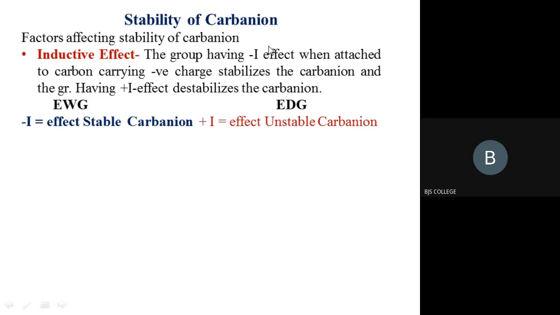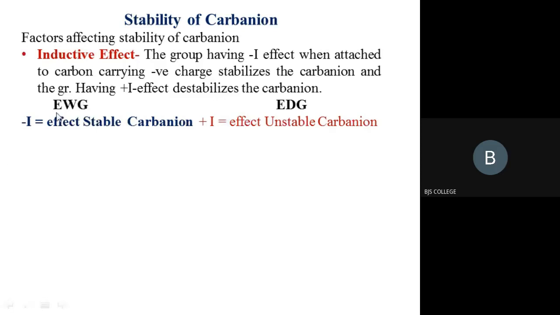What you will find is that any carbanion which is stabilized by the minus I effect will be highly stable, and if it contains plus I effect giving groups, then that carbanion will be less stable.